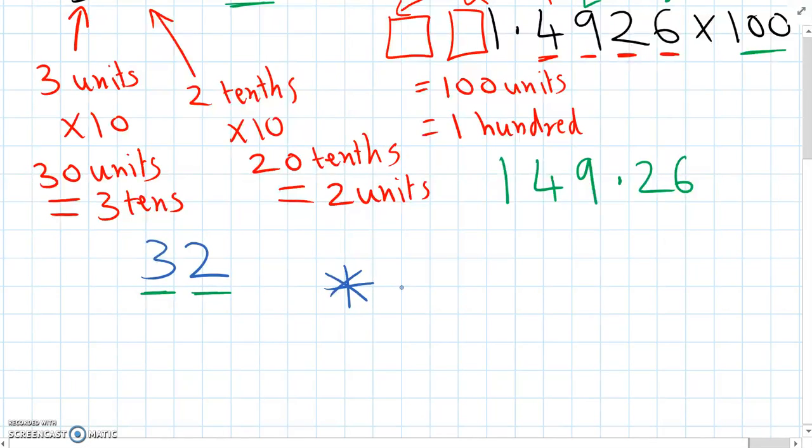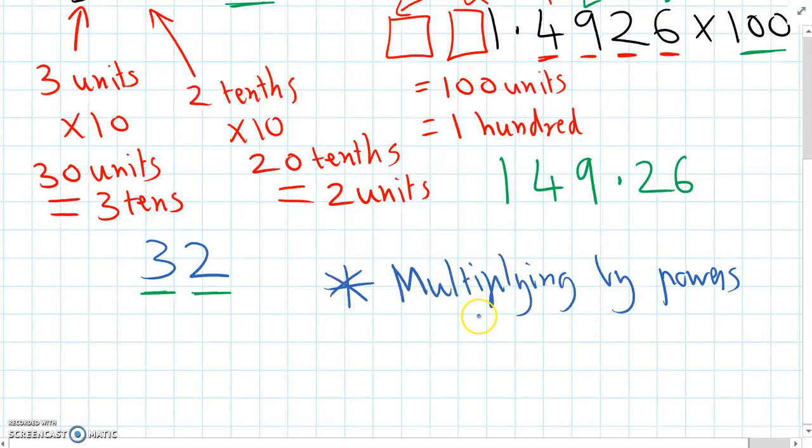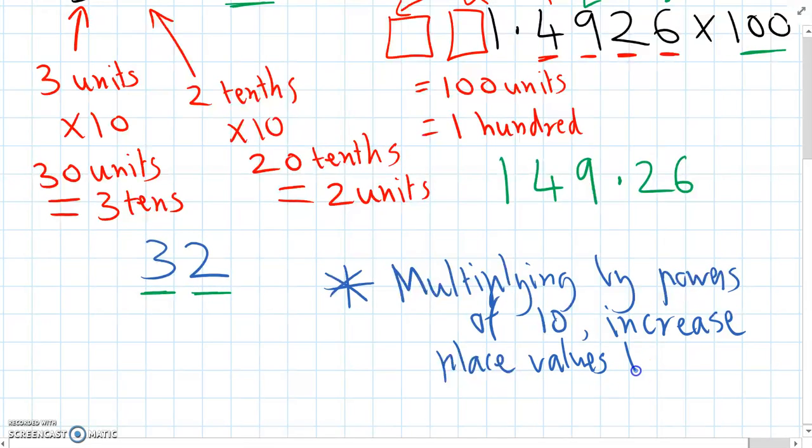When we're multiplying by powers of 10, we increase the place values by the number of zeros.